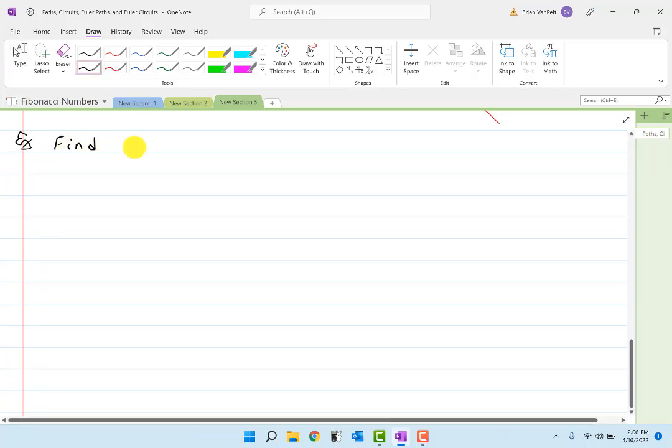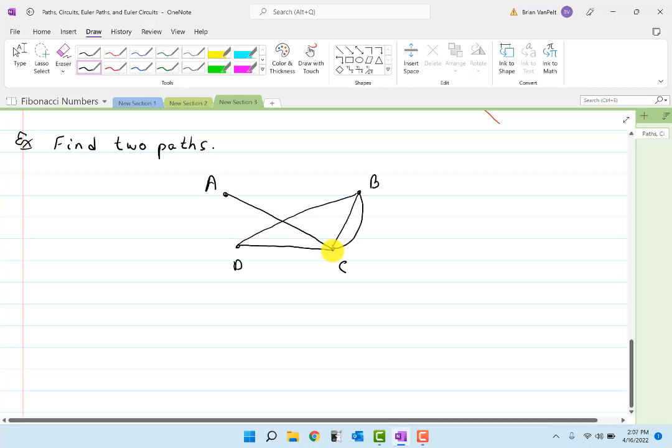Here, usually you'll be given some sort of a picture, like I'm going to do here, and we'll ask you to find certain things within them. Here's an example. You can easily find paths in here. Just find 3 paths, nothing special. So you can go as simple as just A to C, just one thing like that. Only paths were necessary.